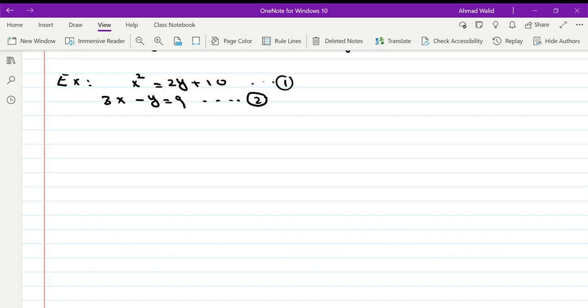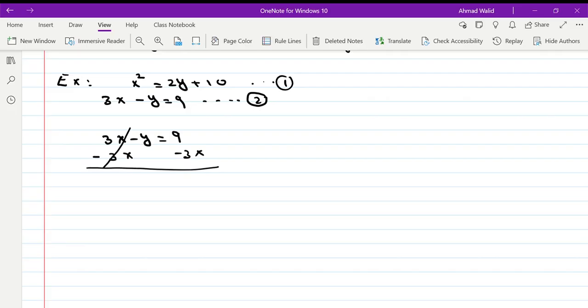I'll take my equation number 2, which is 3x minus y equals 9, and I'll try to solve this equation for y. To do that, first I'll subtract 3x from both sides.